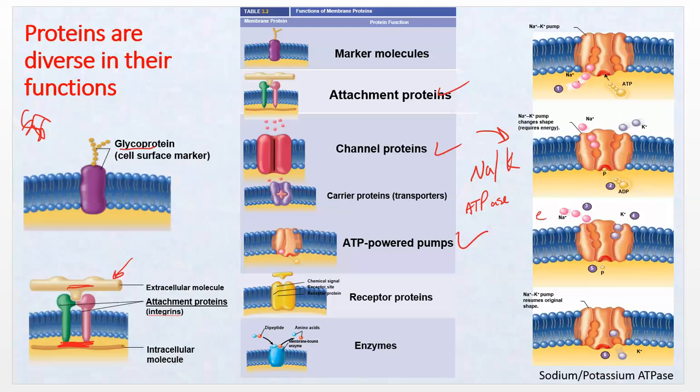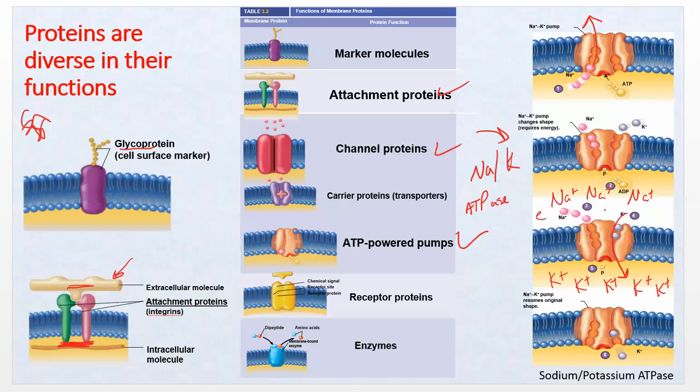So it's taking 3 sodium and pumping them out, and it's taking 2 potassium and pumping them in. And this is why we have that concentration difference of sodium and potassium. Okay, that's why sodium is higher on the outside and potassium is higher on the inside.